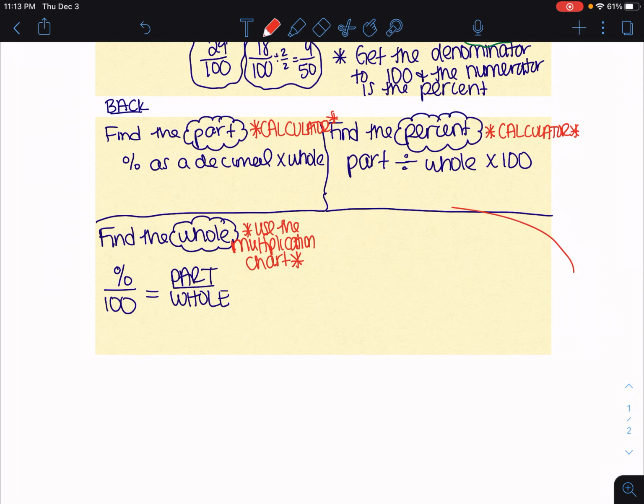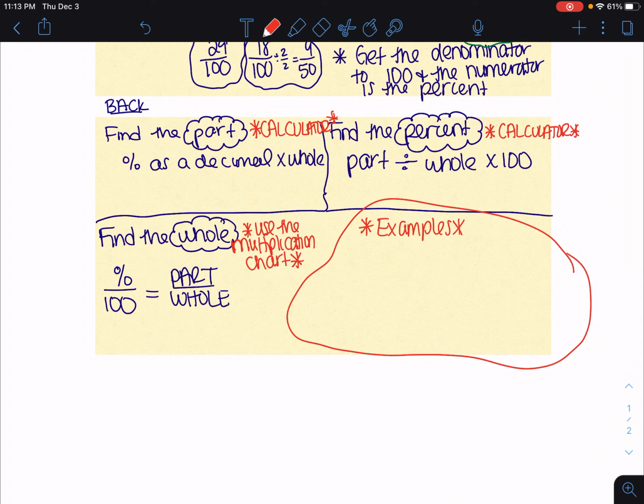In this empty space right here, maybe a good idea to throw some examples in there. So maybe examples of basic percent problems like finding the part, finding the percent, finding the whole. Maybe throw a word problem in here with the boxes.